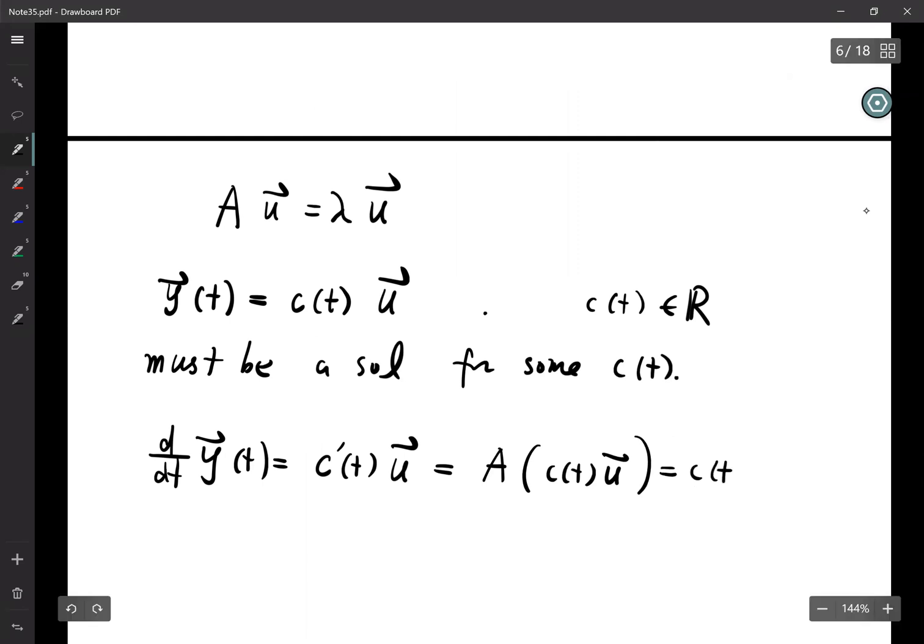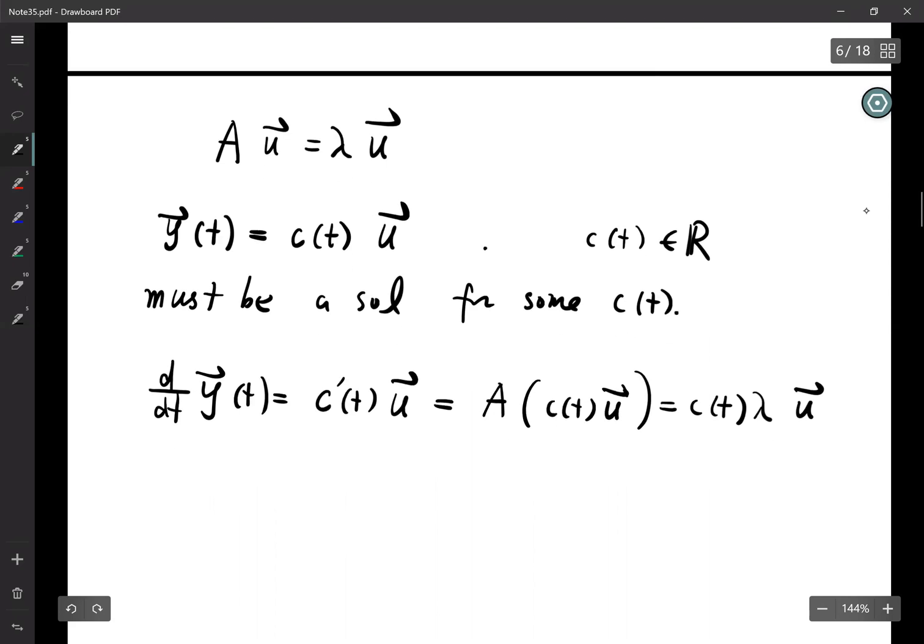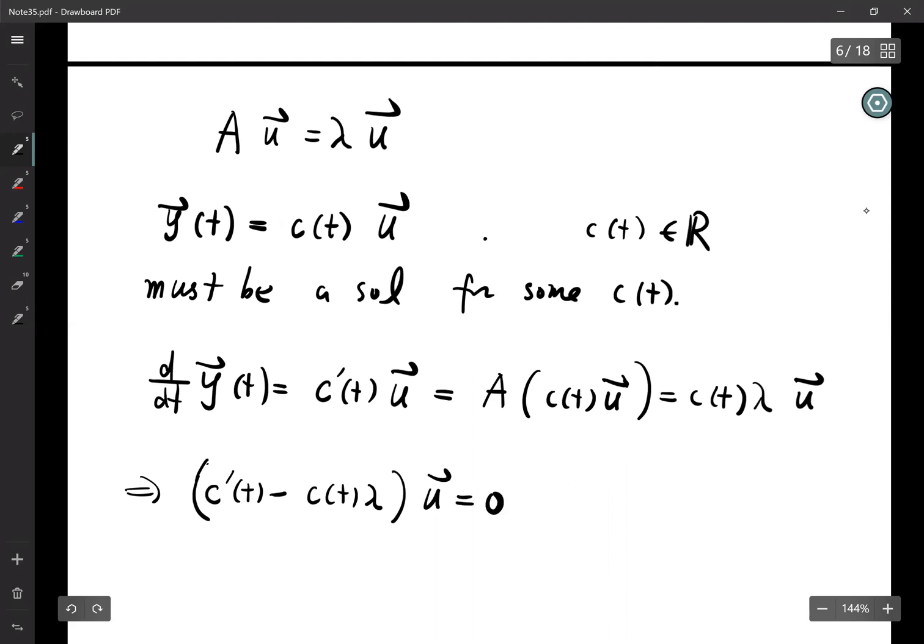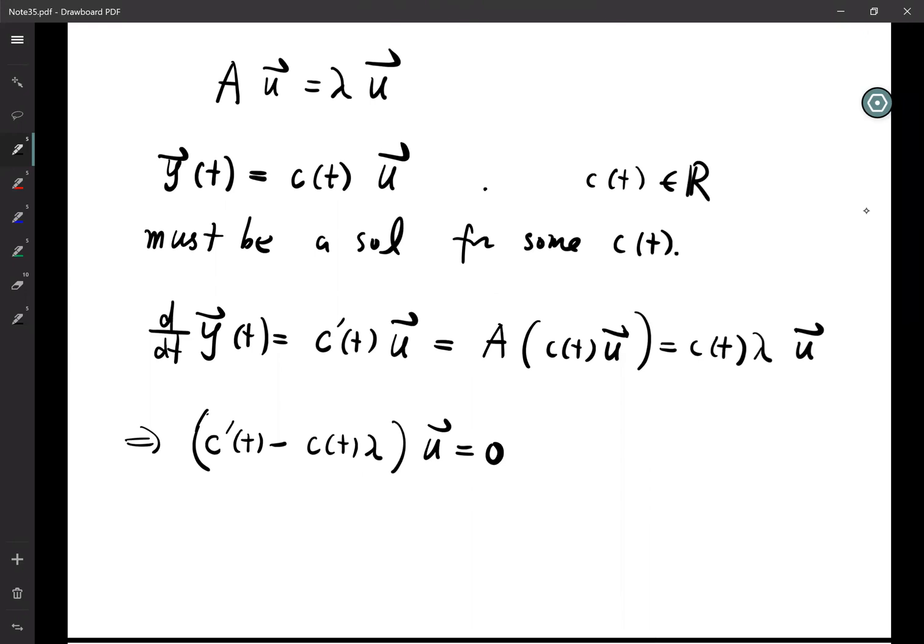And u is an eigenvector, so there's a lambda, and this is u. Now I have (c'(t) minus c(t) lambda) u equal to 0. Since u is not a zero vector, the only possibility is that this scalar equation holds.